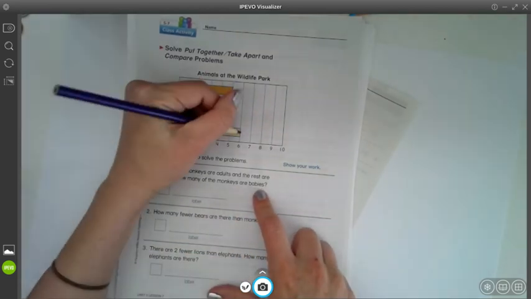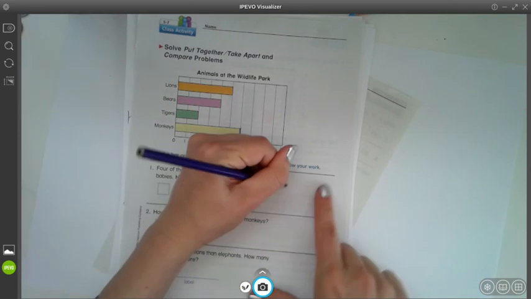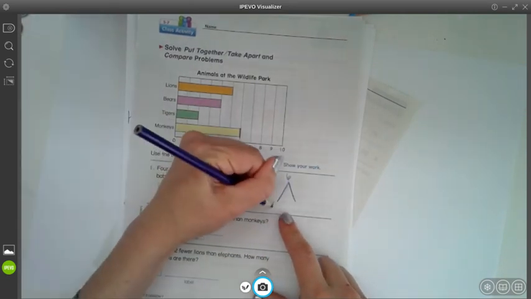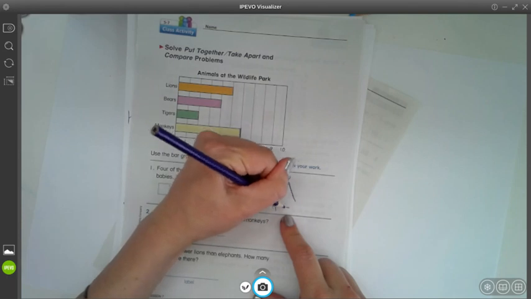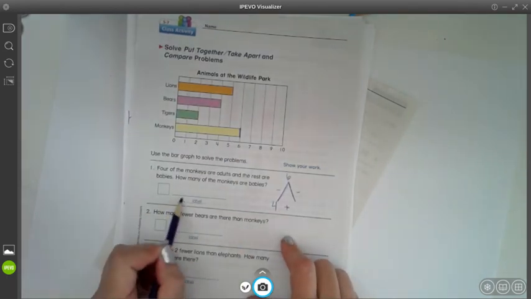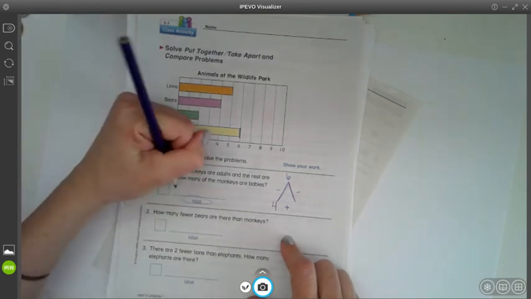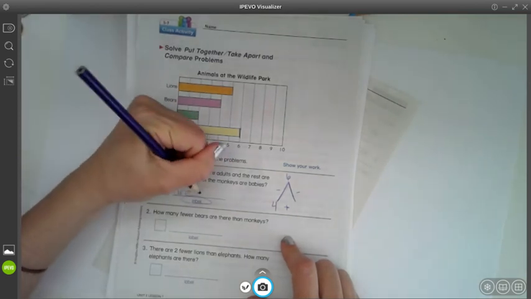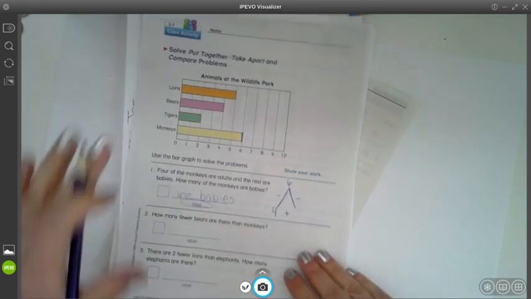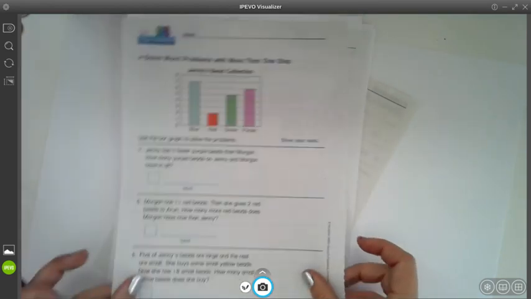If you look right here, we know that we have 6 monkeys, 4 of them are adults. How many must be babies? And always remember to label your work.